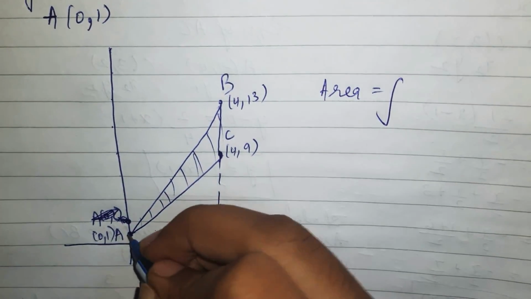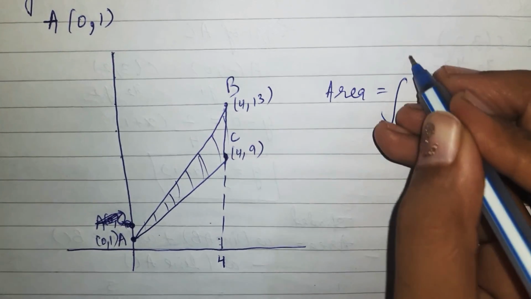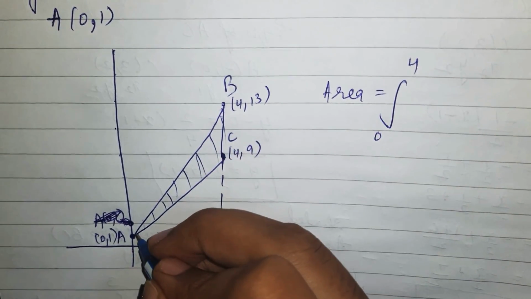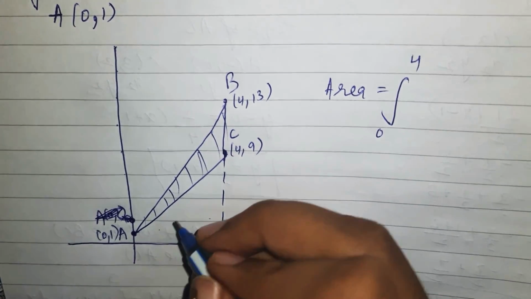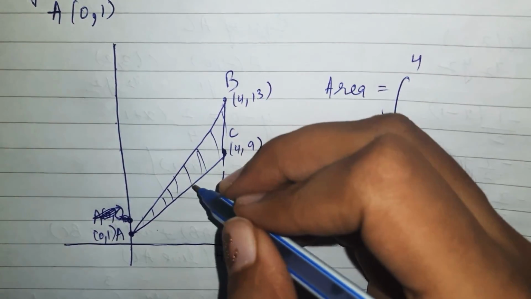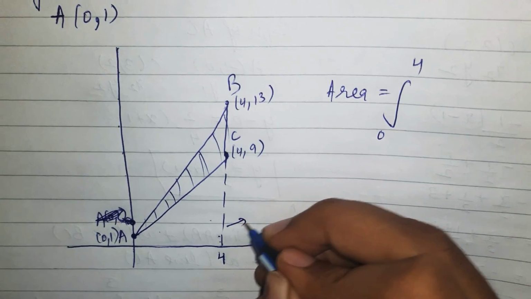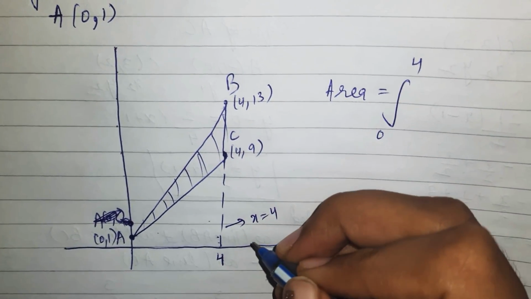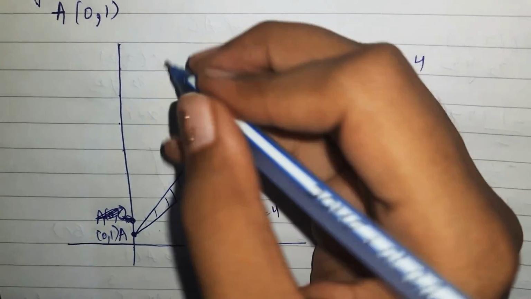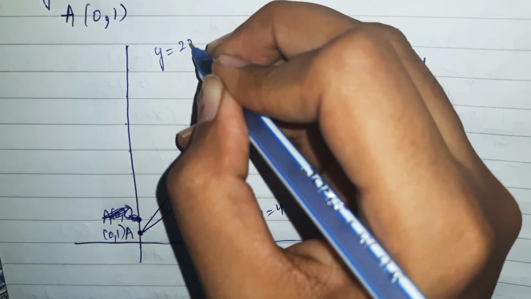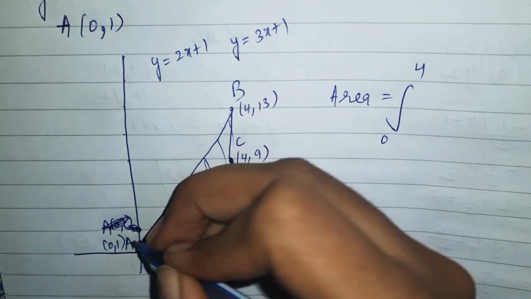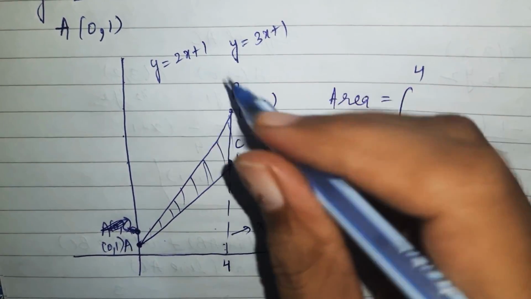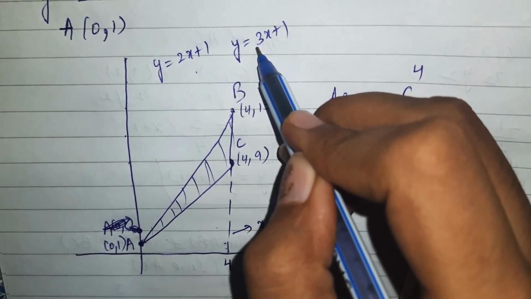Area is 0 to 4, 0 to 4 bounded by line AB. That means AB line is what? Yes, now this is important to check. What is AB line? X is equivalent to 4 is this. Now we'll have two lines. Y is equivalent to 2x plus 1 and y is equivalent to 3x plus 1. Now see, these points should satisfy this equation or this equation.